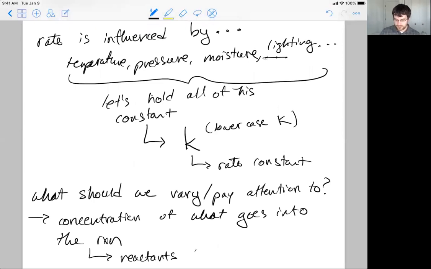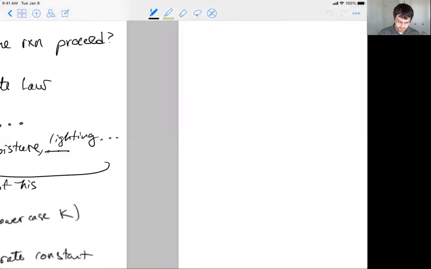Okay, this is very useful because the concentration of the reactants is proportional to how much reactant we are adding and mixing into the reaction. It turns out that if we understand how changing the concentration of the reactants influences how fast or slow the reaction is, we can get a lot of insight into what the mechanism for the reaction is. So let's look at that in more detail.